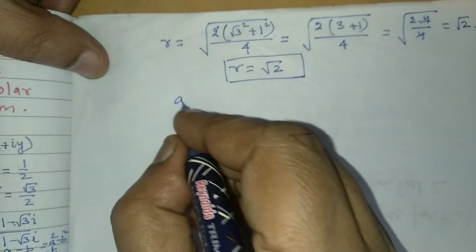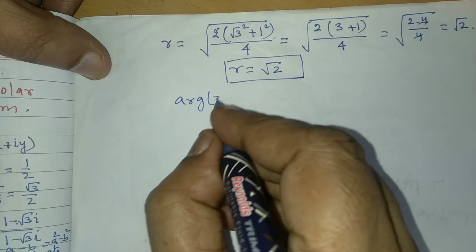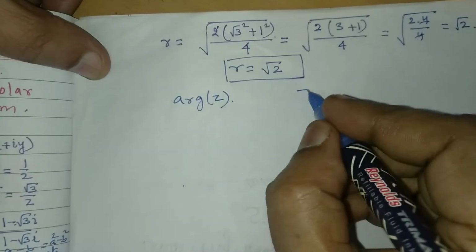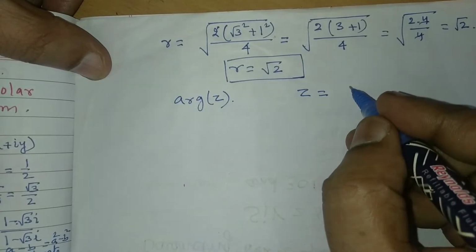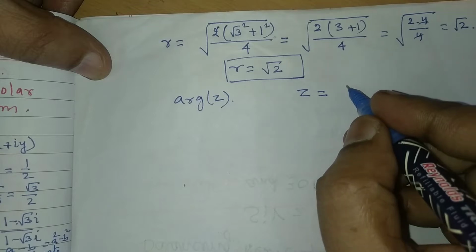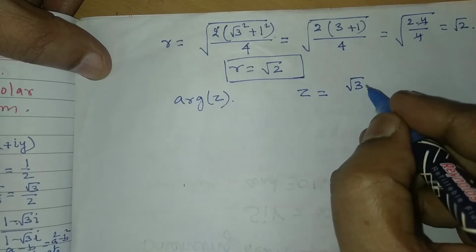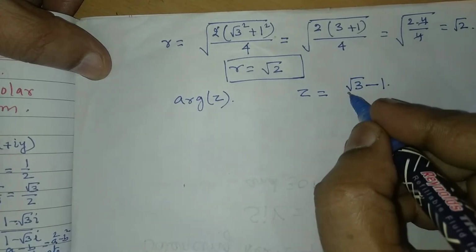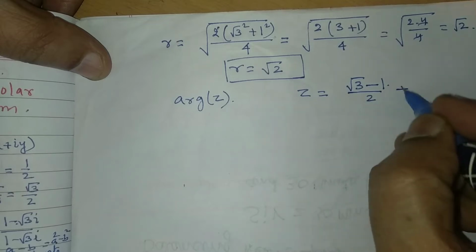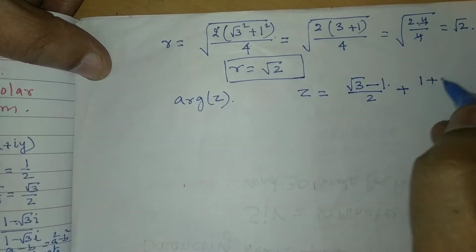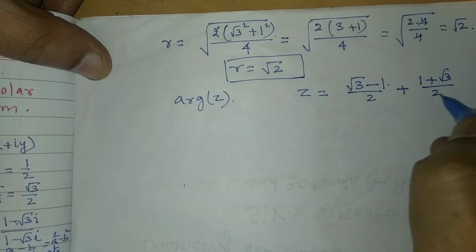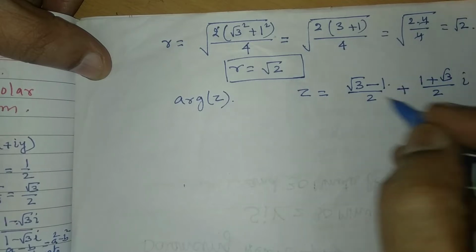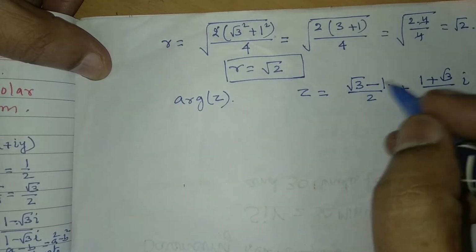Now we have to find the argument of z. I am again writing z in the form (root 3 minus 1) divided by 2 plus (1 plus root 3) by 2 i. This is the standard form of the given complex number.